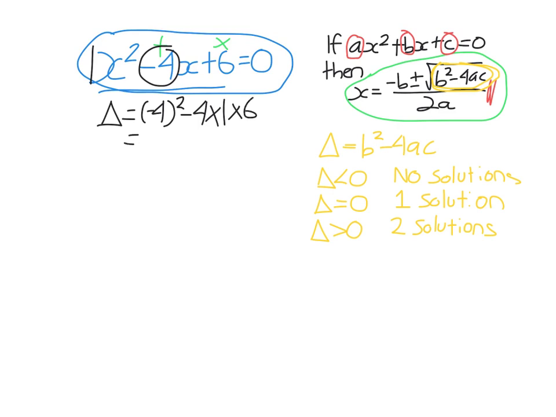So minus 4 squared: in your calculator, if you want to square a negative, you must put it in brackets. So I would get positive 16 minus 24, which is negative 8. So the discriminant for this equation is negative. That means it will have no solutions. That's why we couldn't solve it.